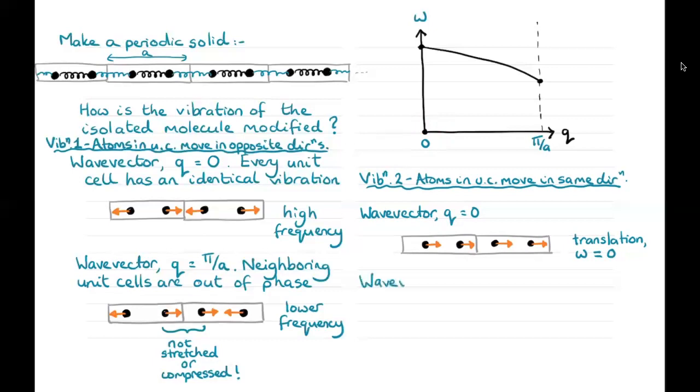Now let's go to wave vector q equal to pi over a, in which our neighboring unit cells are out of phase with each other. But again, within the unit cell, the atoms are moving in the same direction. Just to help us visualize, I'm going to draw one more unit cell here because it's a little hard to see with just 2.